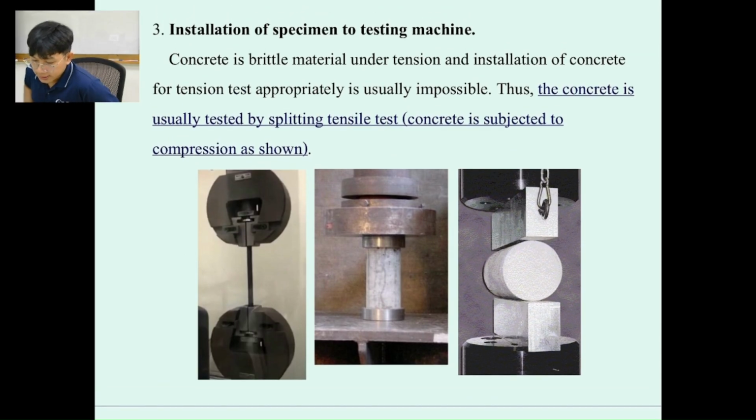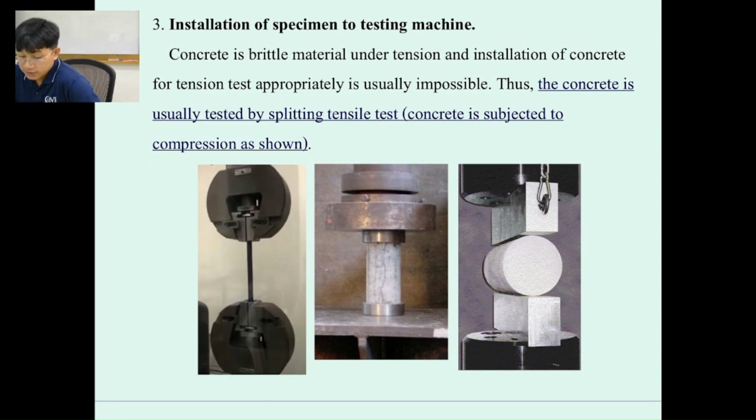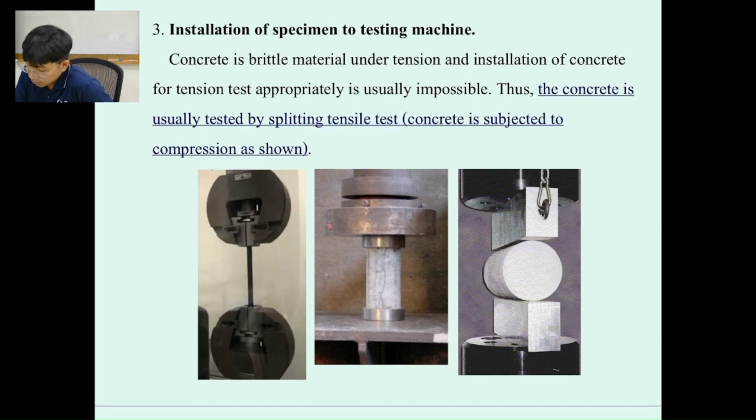Another point is the installation of the specimen into the testing machine. Have you wondered why we don't put the concrete in and just pull it like the steel? If you have that question in mind, this slide is going to answer it. The concrete itself has interlocking between stone and mortar.